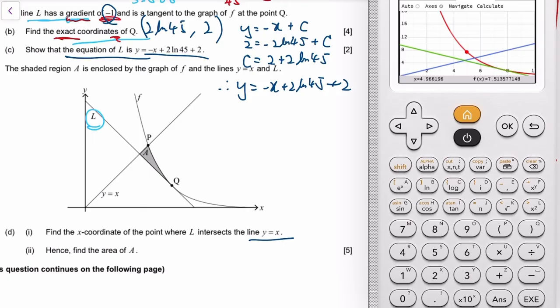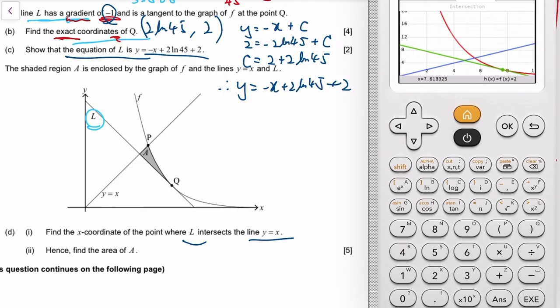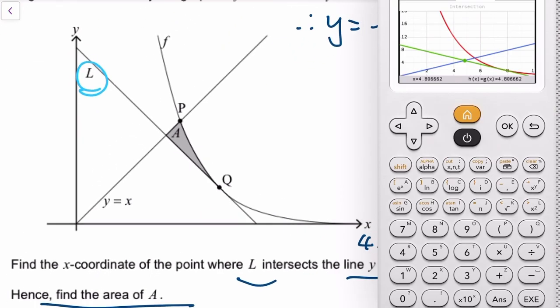We want the intersection between L and y equal to x. So we find the intersection. I believe it's the green one and the blue one, so it's 4.8066662. Okay, for IB usually you can write more. The idea is we need to find the area of A. Now notice we know all these three points.